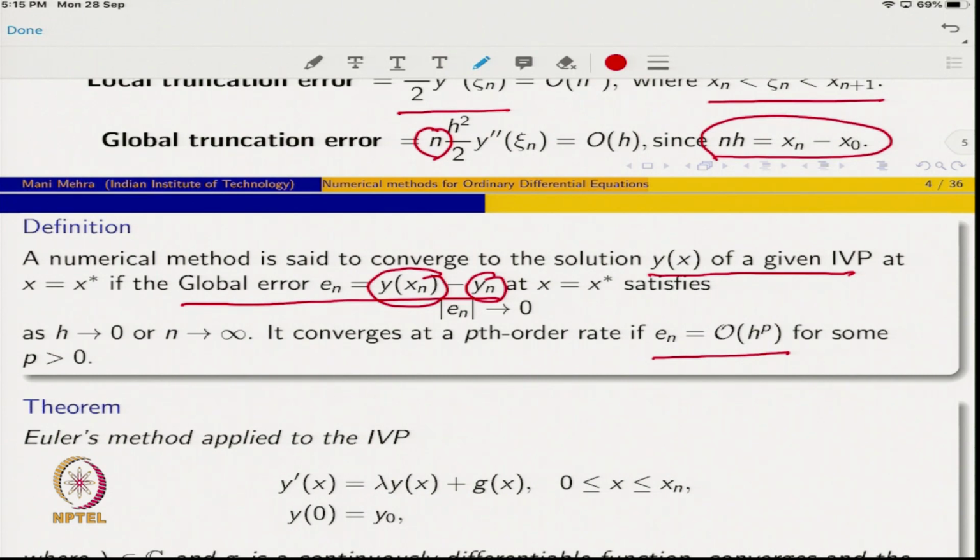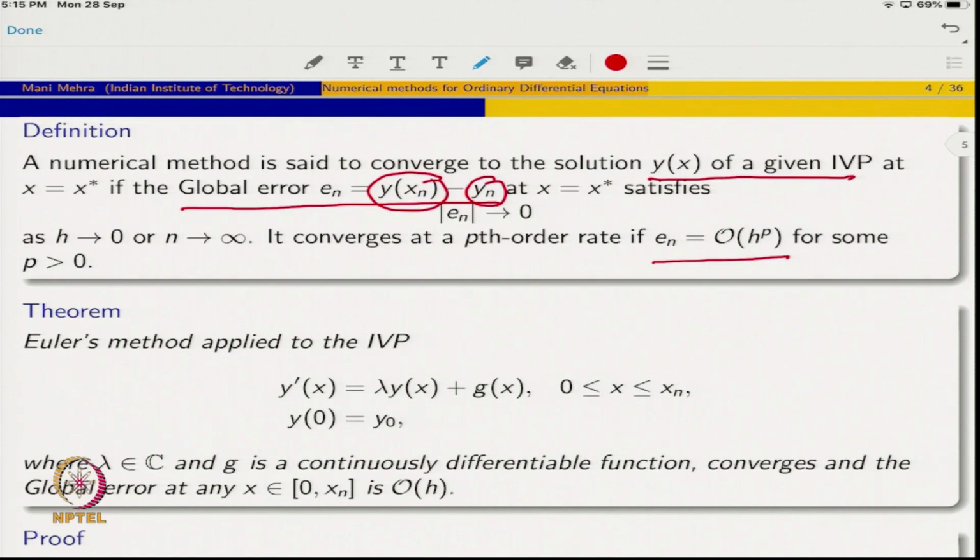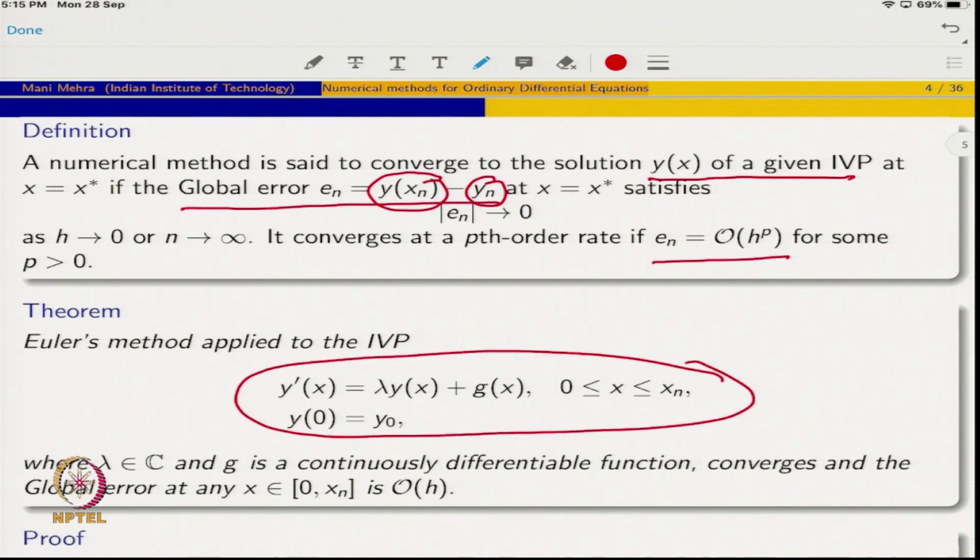Again we look at this definition, and using this definition we will prove that when the Euler method is applied to the following initial value problem, it converges, and the order of convergence is first order.